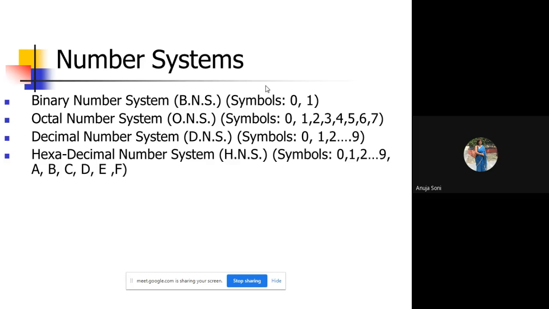But for user understandability, the other numbering systems are available, so that users can easily work with the programs and the data. That is why the other numbering systems, as well as high level languages or object oriented programming languages, which are similar to the English language, are available.